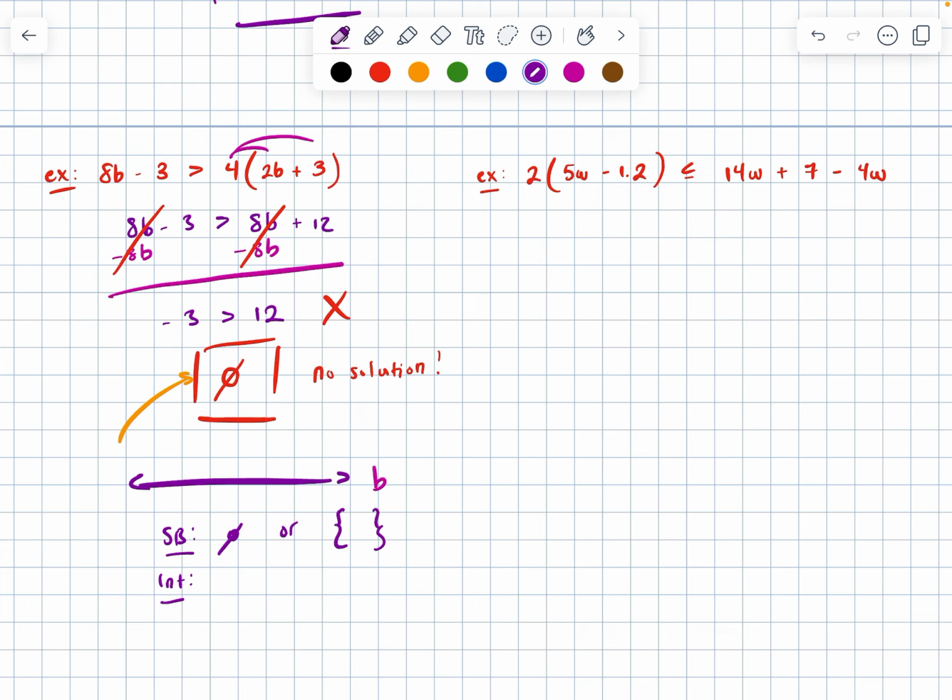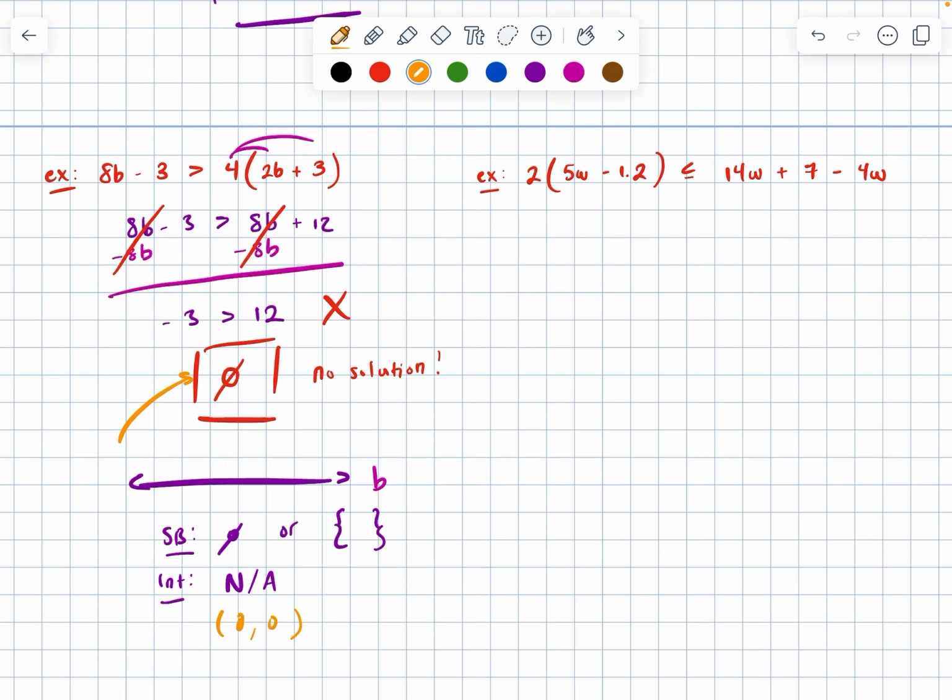For interval notation, I usually say that it does not have an interval notation, because trying to figure out where I start and end is kind of weird. So my interval notation, I usually say it doesn't exist. If you want to know how to write this in interval notation, the idea is that nothing is included. So on both sides, you're going to use parentheses. And then you just pick a number.